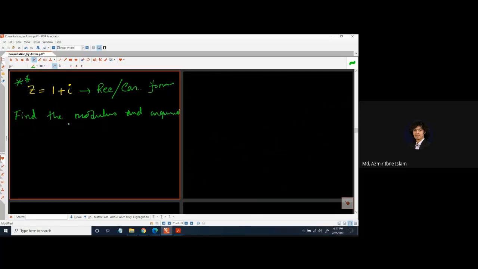So if we try to find modulus and argument, then what do we have to do? We know that modulus is r and argument is theta, and the formula for r is square root of x squared plus y squared. The formula for argument is tan inverse y over x. So here we can see that x is 1, and what about y?